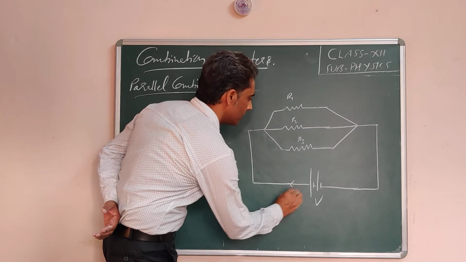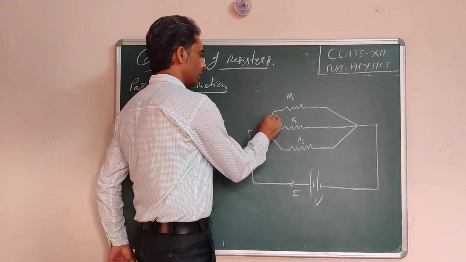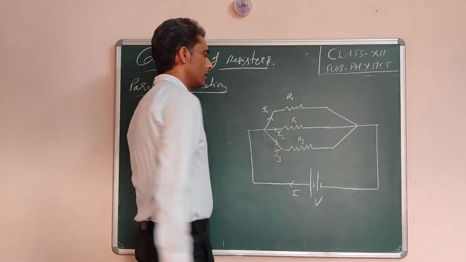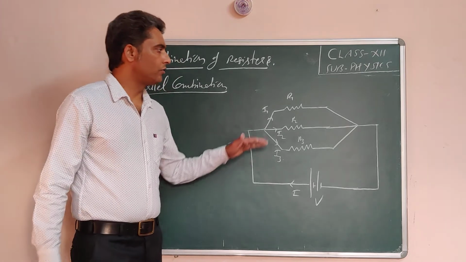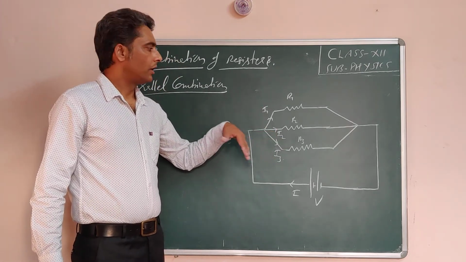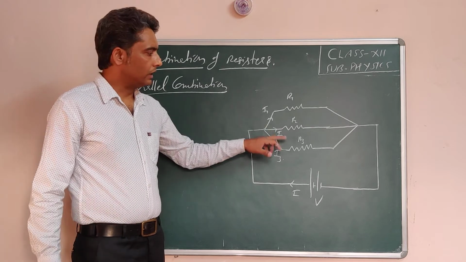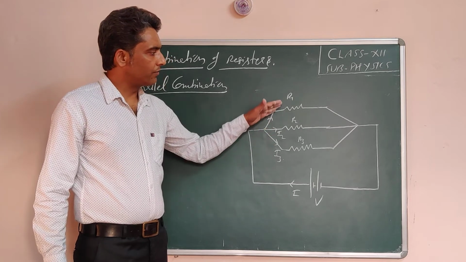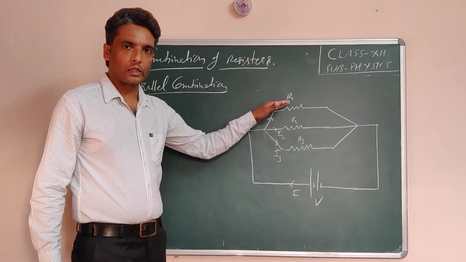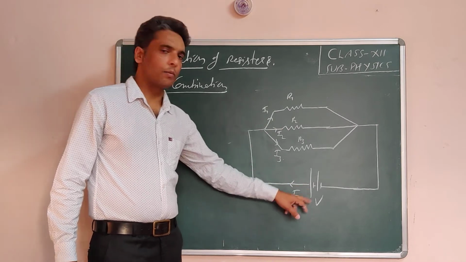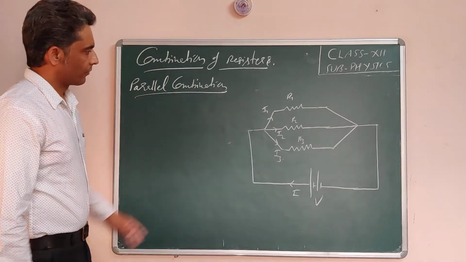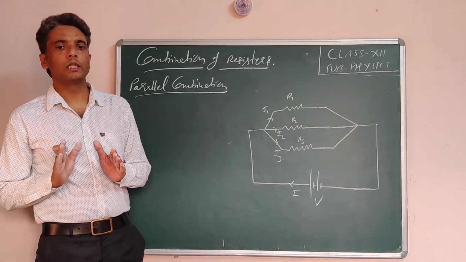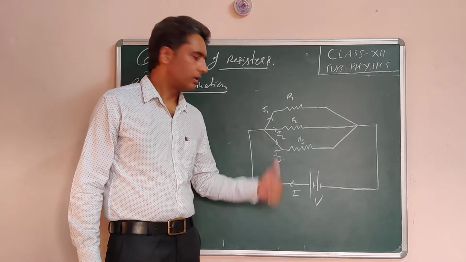So if I be the total current, and let the current through this be I1, this be I2, and through this be I3. When current flowing through the individual resistors is through different paths, then we say that these resistors are connected in parallel. And also the potential difference across the resistors connected in parallel is the same as the applied potential difference. So you should know the various components connected at our homes are in parallel.